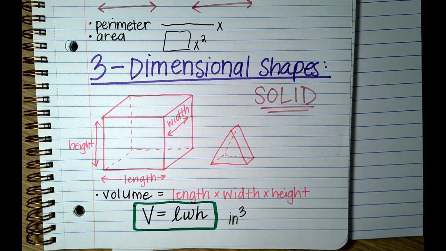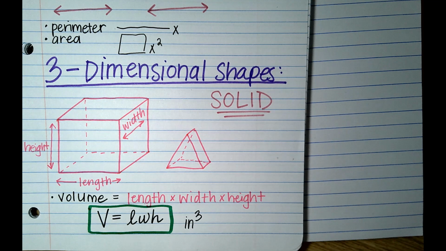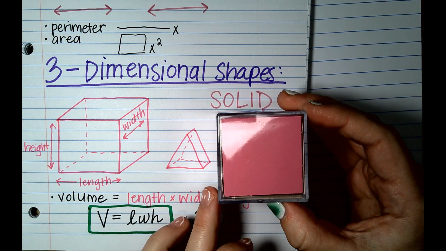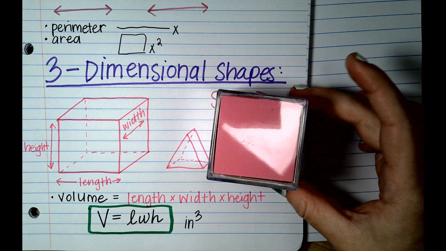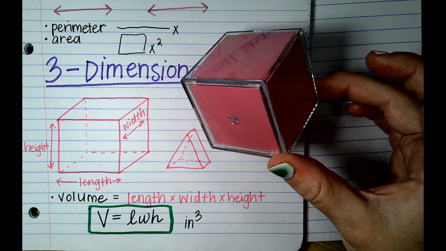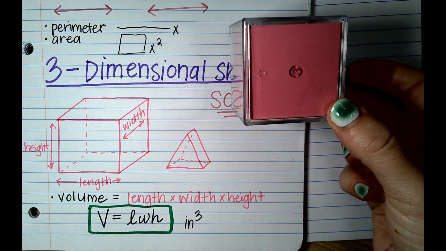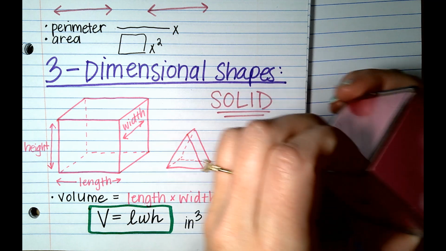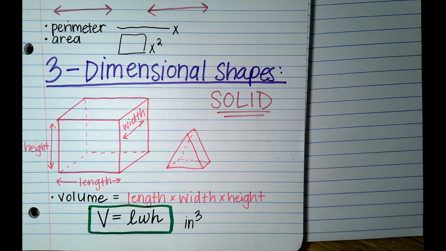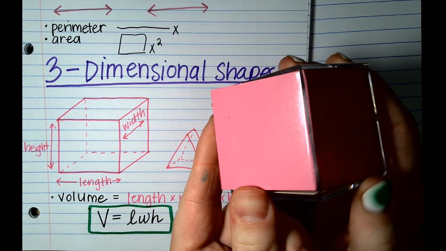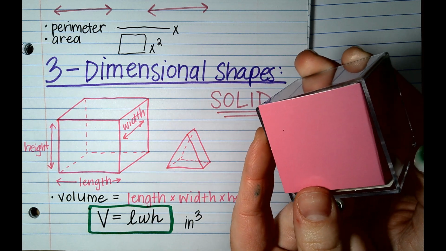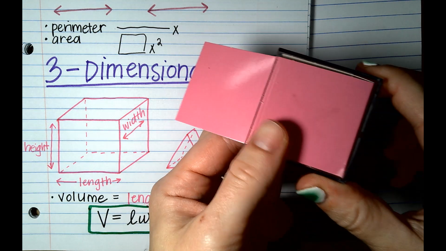So, I have here from the top what looks a lot like a square. But when we turn it, we can see it's a cube, right? What's cool about this cube is I can open it up. A cube can be flattened out into a two-dimensional shape, and here's how.